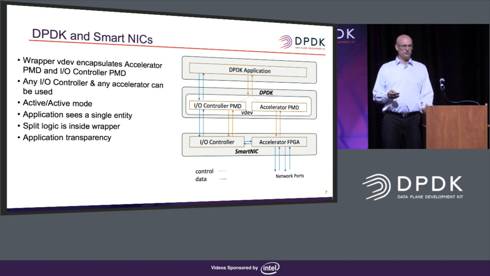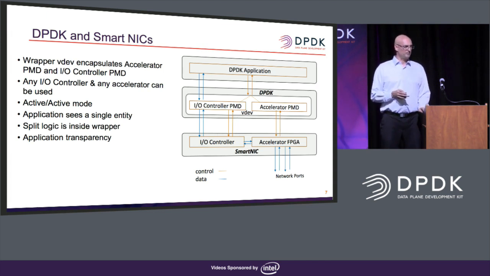For transparency, we proposed a new idea along with our colleagues from 6WIND. They proposed the same concept of using a wrapper device. A wrapper device wraps up two virtual devices, includes those two devices, and splits the APIs in between either the SmartNIC accelerator FPGA or the SmartNIC I/O controller.